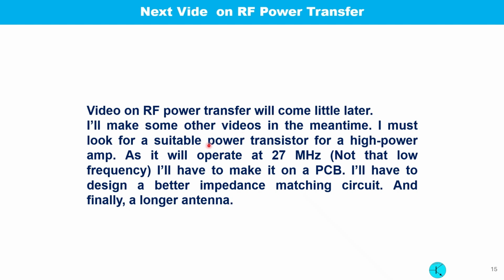I'll make some other videos in the meantime. I must look for a suitable power transistor for a high power amp, as it will operate at 27 MHz, not that low a frequency. I'll have to make it on a PCB, I'll have to design a better impedance matching circuit, and finally a longer antenna.